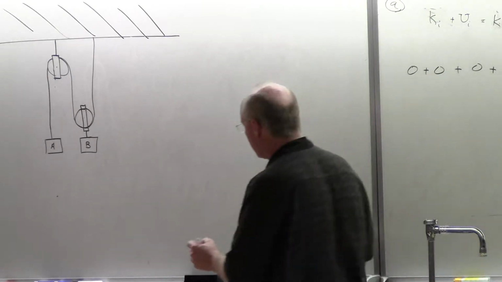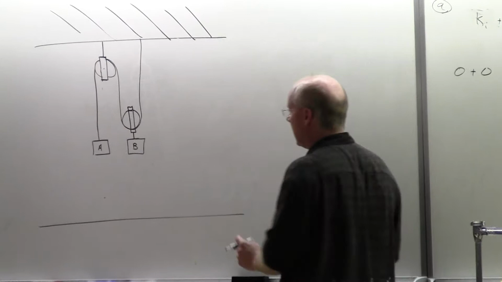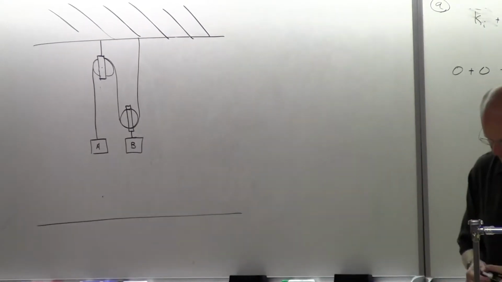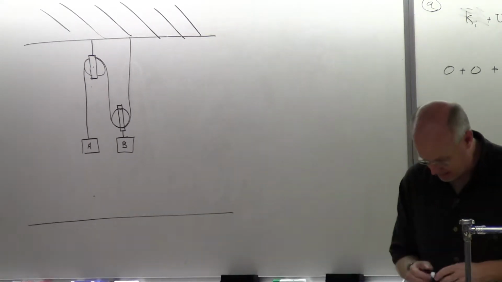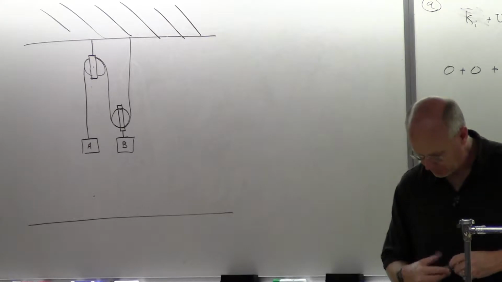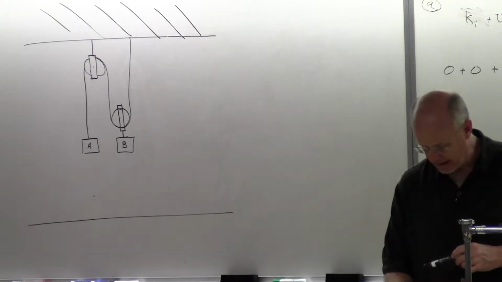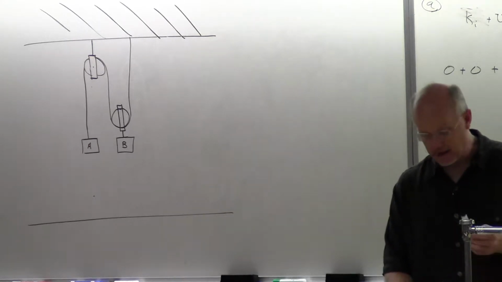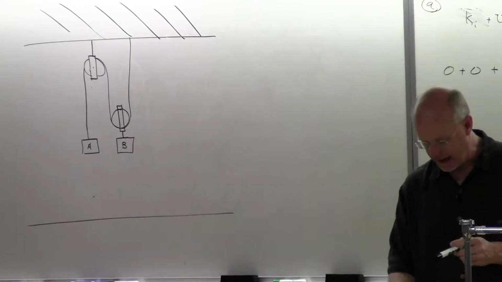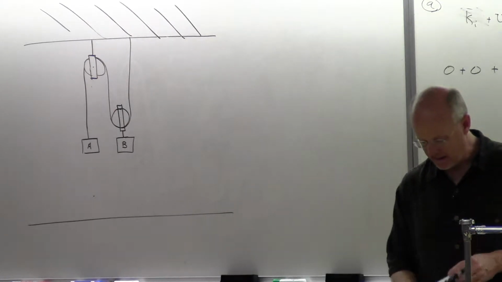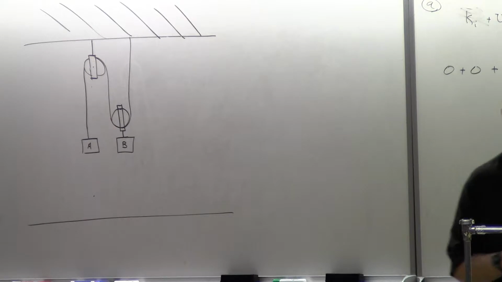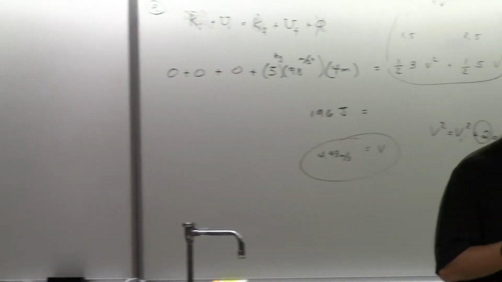And I don't have a ground on here, but maybe that will help. But again, A and B are at the same height. They're identical blocks. The blocks are then released. Find the speed of block A at the moment that the vertical separation of the blocks is h.